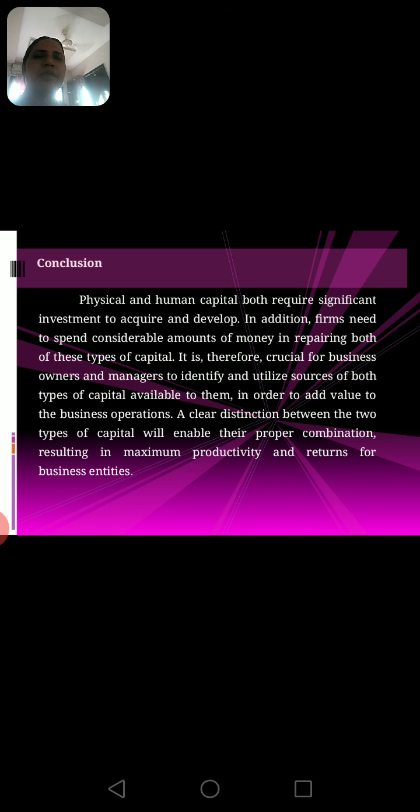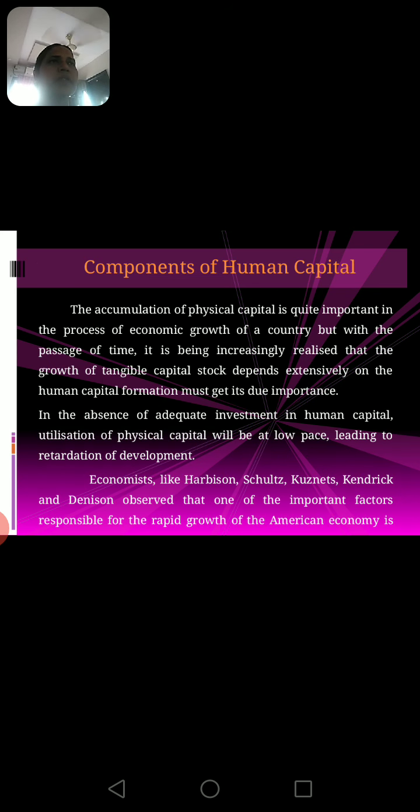Here are some components of human capital. Components are influencing or determining factors. The accumulation of physical capital is quite important in the process of economic growth of a country, but with the passage of time, it is being increasingly realized that the growth of tangible capital stock depends extensively on human capital formation, which has not got its due importance.